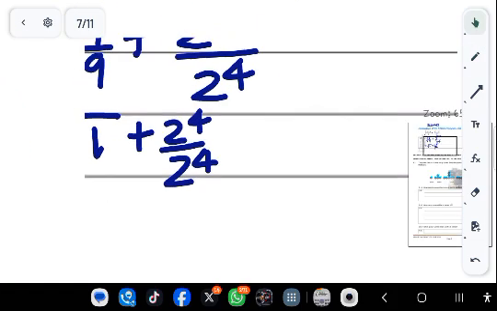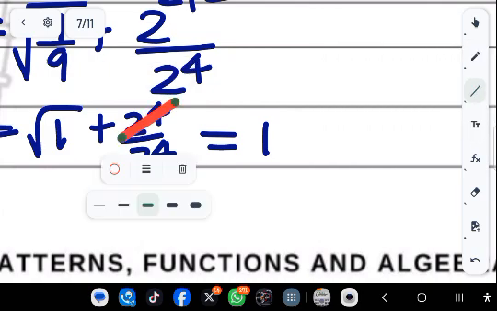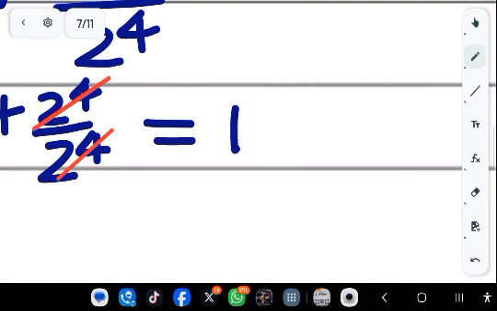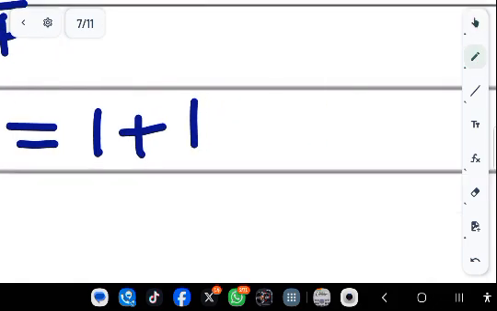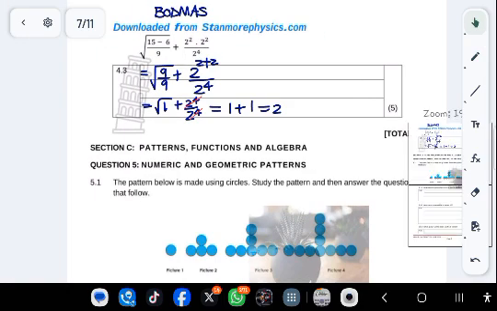Now both of these give us 1 plus 1. Square root of 1 is 1. And then 2 to the power of 4 over 2 to the power of 4, they cancel out, because it's exactly the same thing. It's like 1. So that is 1 plus 1. 1 plus 1 is equal to 2. And that's your answer. That's how you simplify that.